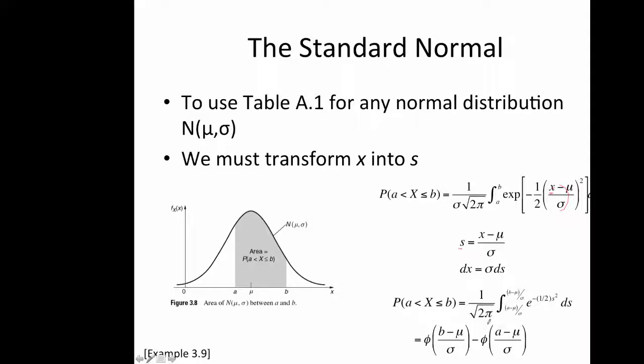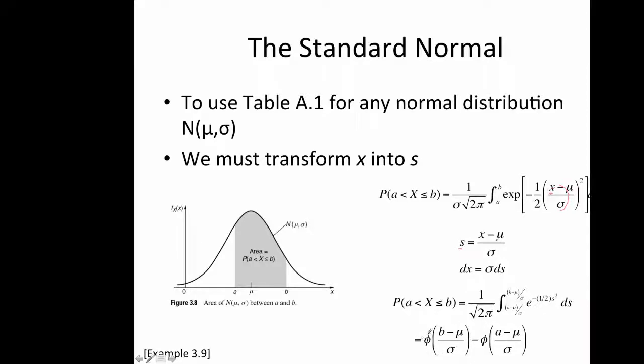So we've transformed the original problem, which was looking for, in terms of X, the probability that X is going to take on a value less than or equal to B, but greater than A. And this is a normal distribution. And we transform it into this expression, which gives us the standard normal.